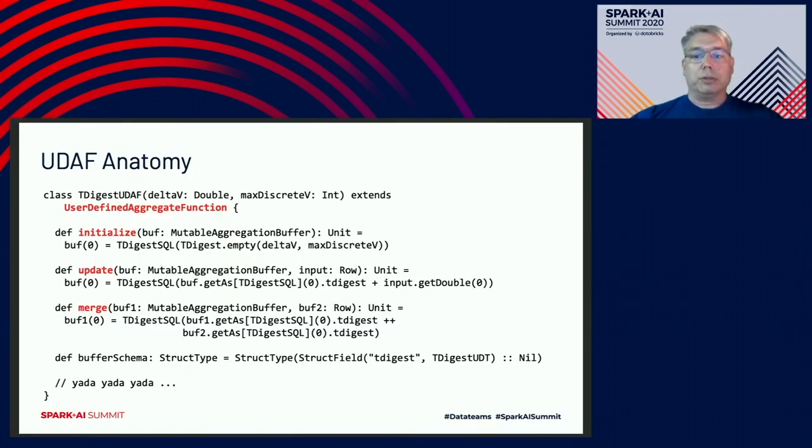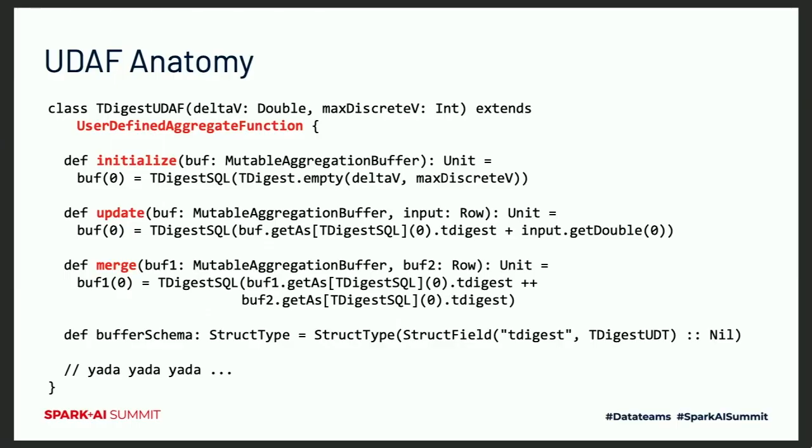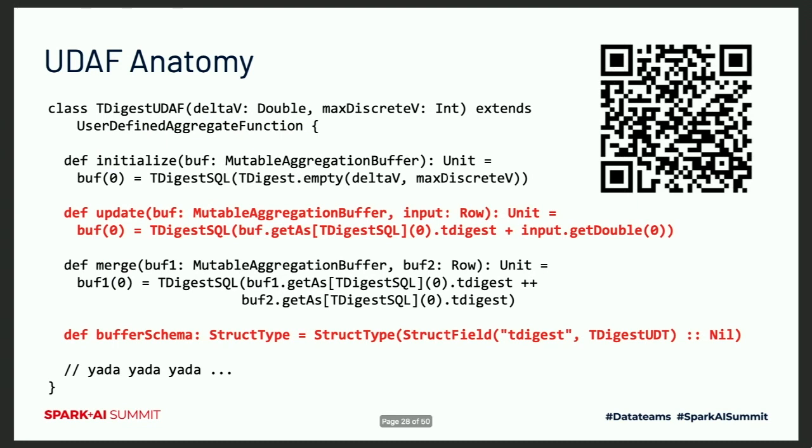To explain how it all started to go wrong, I have to review the actual anatomy of a user-defined aggregating function. The core of any implementation is the initialize method, which is your empty state or 0 state, and the implementations for your update or merge methods. Now, I want to particularly call your attention to the update method.